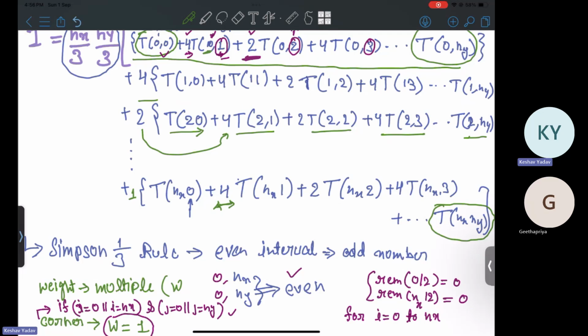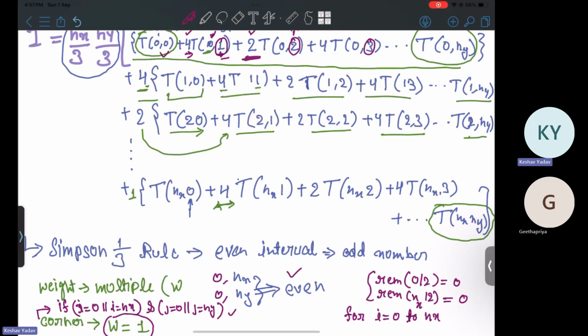Similarly, if you see here, this is also my interior point. So this is interior, but this is at the edge. This is interior, this is interior, this is interior, this is at the edge. Now, if you see, this is odd, this is odd, both are odd. Then it is multiplied by 4 times 4, 16.